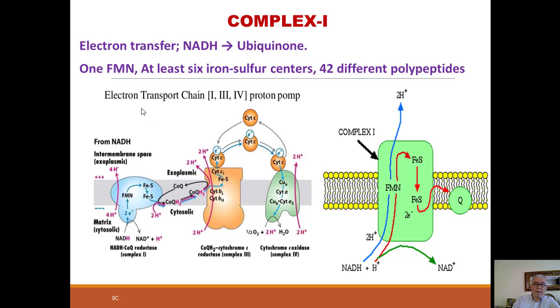And also electron transport chain complex 1 has another role and works as a proton pump. These electrons go from NADH to ubiquinone. At the same time, protons must be transferred from the matrix to the intermembrane space in mitochondria.